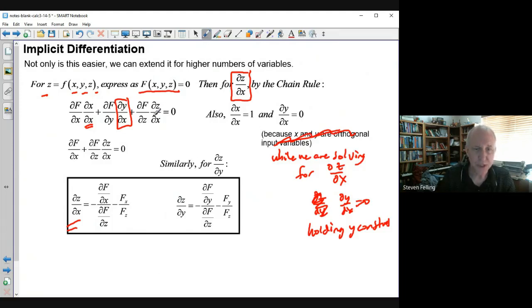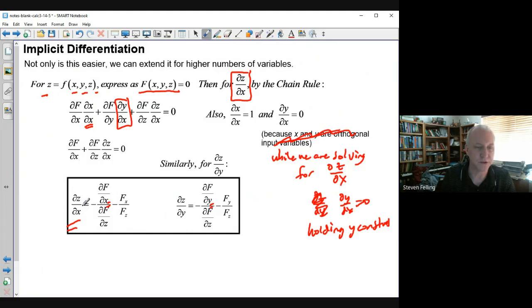And so this would go away, and you'd get a structure that's very much like the one we just did on the last screen. And when you solve it, you get that the partial derivative of z with respect to x equals, I think there's a missing equal sign in here, negative the partial derivative of f with respect to x over the partial derivative of f with respect to z.